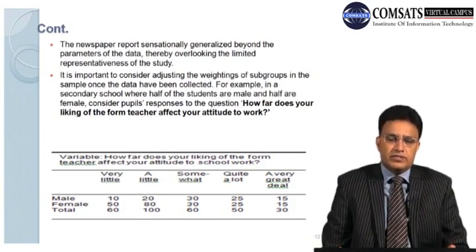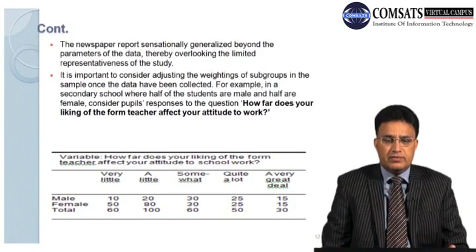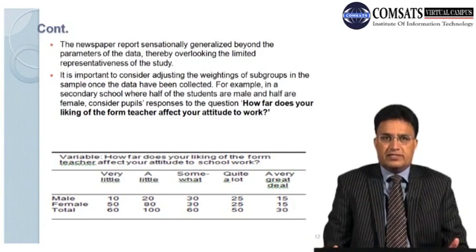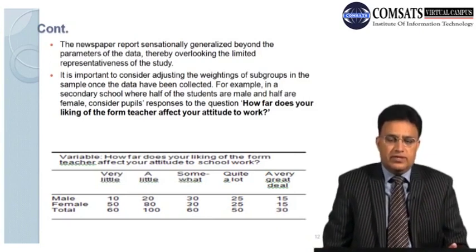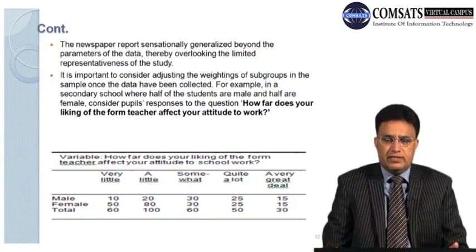It is important to consider adjusting the weightings of subgroups in the sample once the data have been collected. For example, in a secondary school where half of the students are male and half are female, consider pupils' responses to the question: how far does your liking of the form teacher affect your attitude to work?